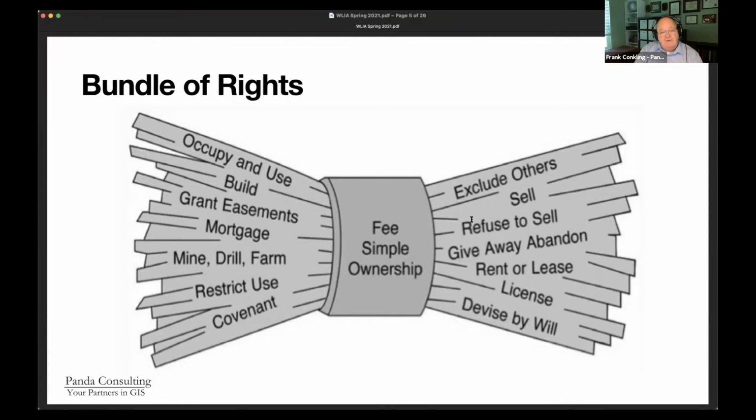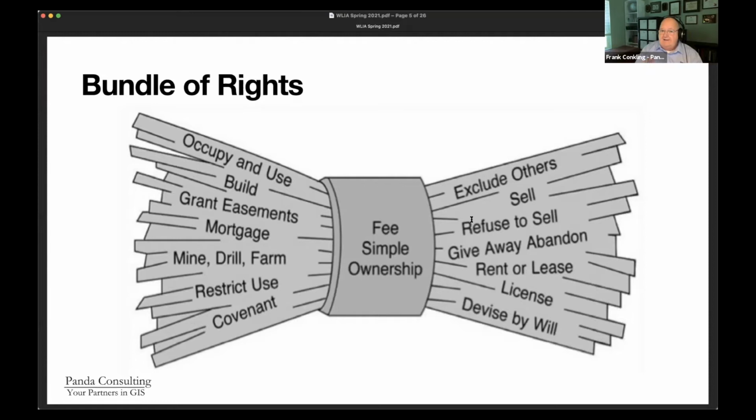For example, most of them always exclude the rights of the public. In some places, here in Florida, they exclude the right to use what's underneath those rights that you have. So there's always some rights that are reserved for the general public.